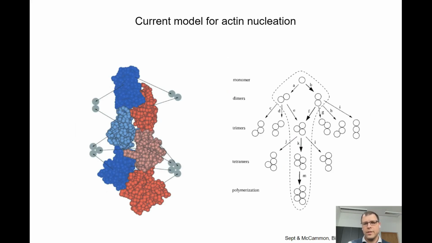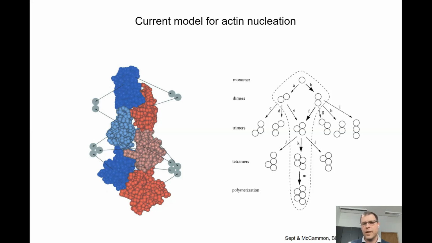For actin, the first models came up in the 1960s and 70s, and these nucleation models have been refined over the decades up until 2001, where I think, in my opinion, the most detailed model came out for actin polymer nucleation.